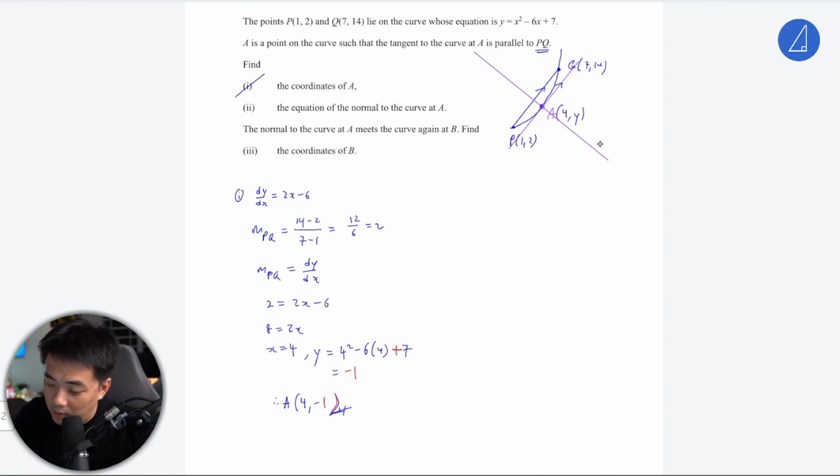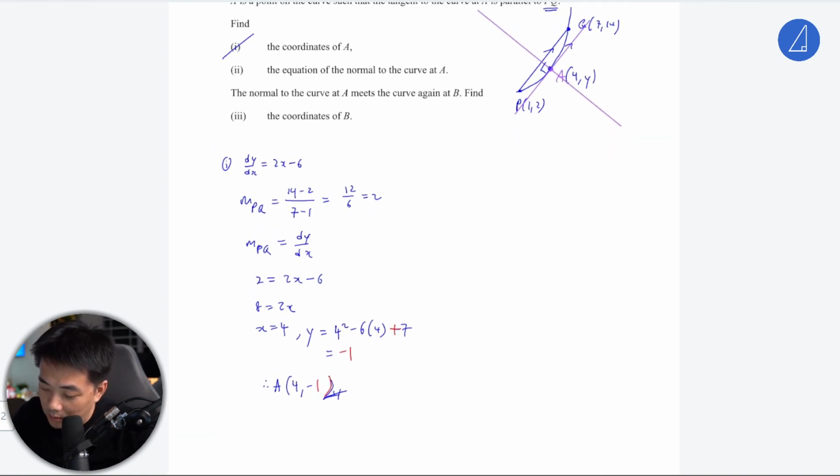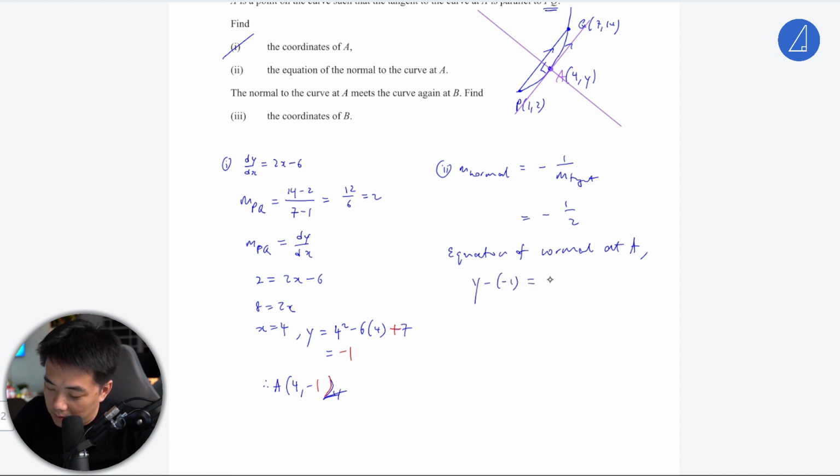Find the equation of the normal at this point here. So m normal will be minus 1 over m tangent, which we already found, so it is minus 1 over 2. Now the equation of the normal at A will be y minus minus 1 equals negative half times (x minus 4).